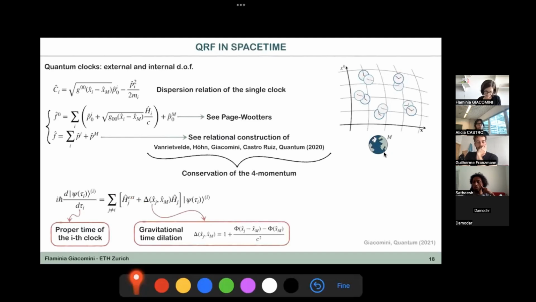And this encodes the gravitational time dilation. Here, this G00 is in the Newtonian limit, so you can express it in this way. And this is basically the distance between each clock and the mass that sources the gravitational field.